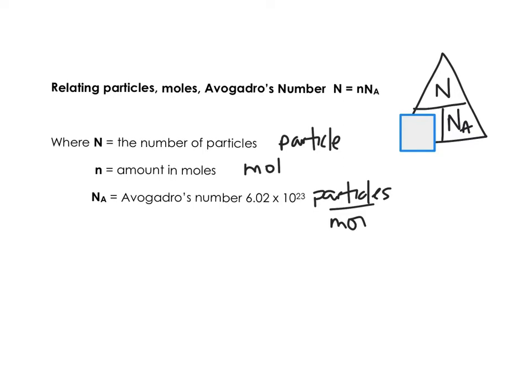So small n is equal to big N divided by Avogadro's number. If I want to find the number of particles, cover up the number of particles, and my formula becomes big N is equal to small n times N_A, moles times Avogadro's number. So the position of the remaining letters tells you the math.